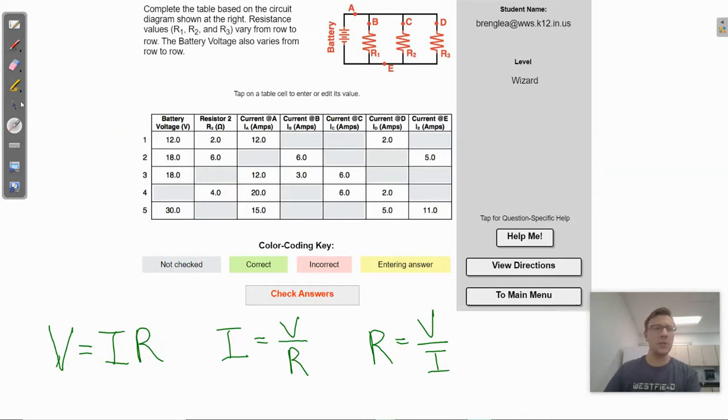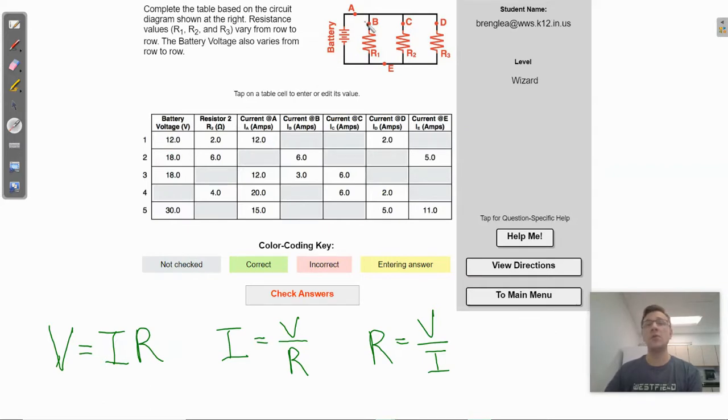Now, like I mentioned, let's go ahead and start with calculating the current at branch C. Current is calculated by taking the voltage that's dropped across that resistor and dividing it by the resistor's value. So in this case, the battery voltage is 12 volts. As is the case with all parallel circuits, the battery voltage is applied across each branch.